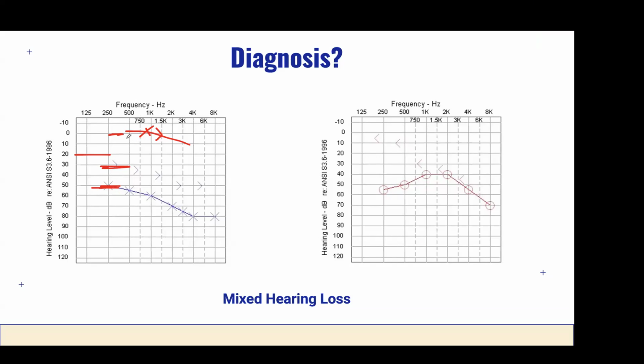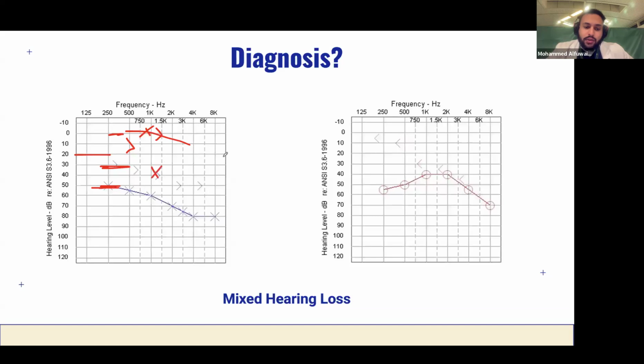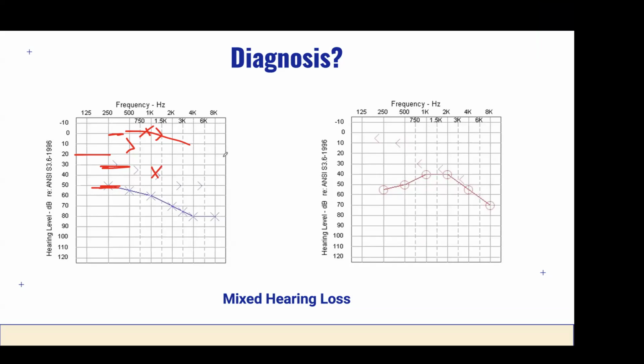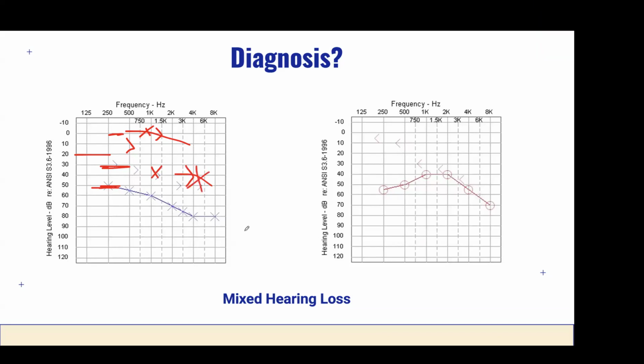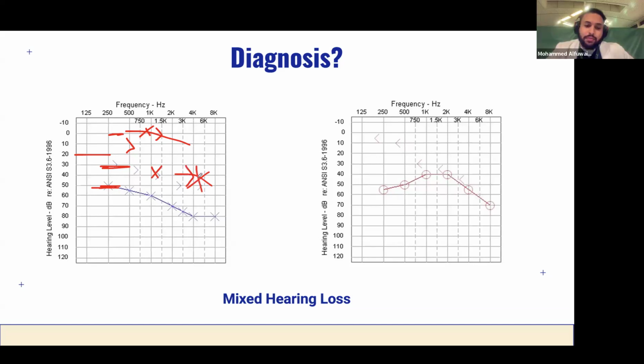If bone is up here, air is down here, that's conductive. Bone is normal, air is abnormal. If you have both the same and it's below 20, sensorineural.